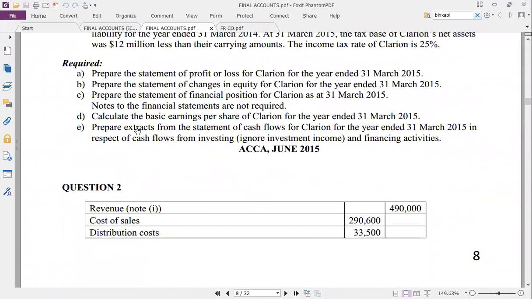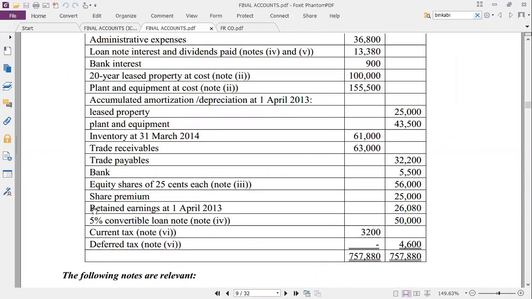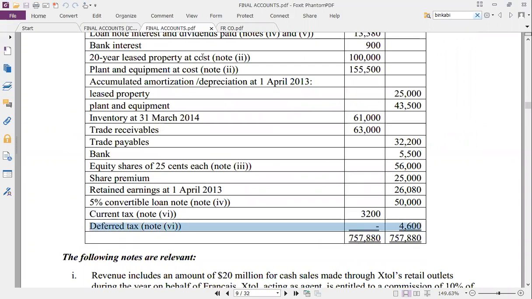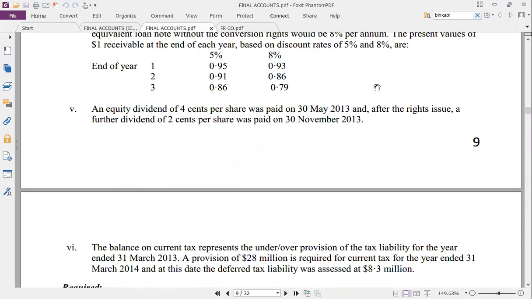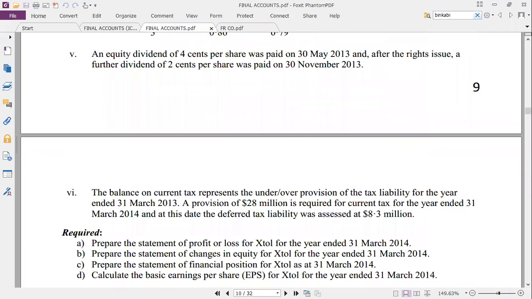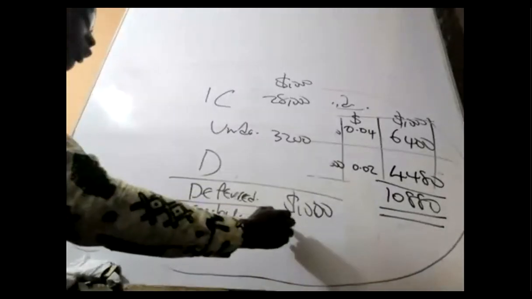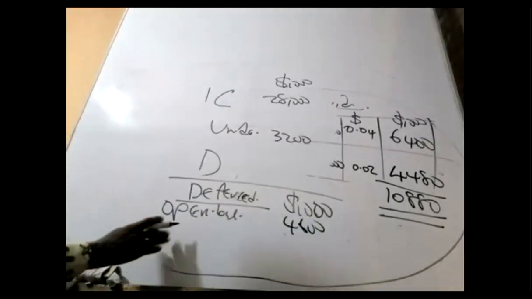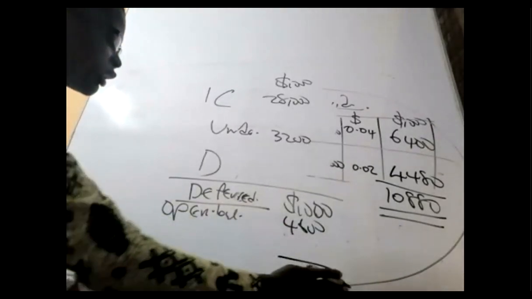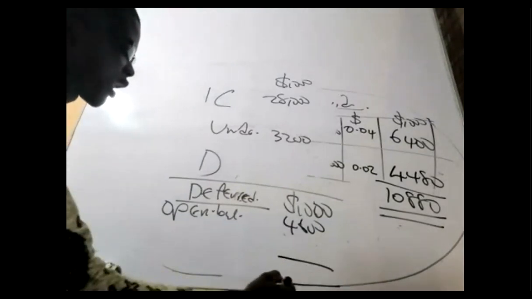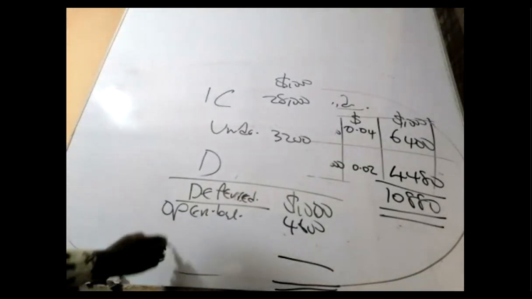From the trial balance, deferred tax is like the last item. That's 4,600. Good. The closing balance is 8,300, given to us in the last footnote. So leave a space below 4,600 and write closing balance.